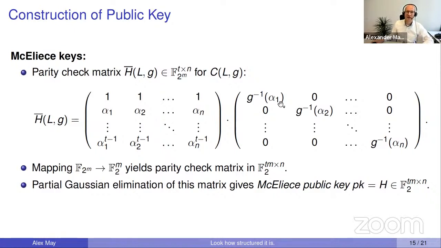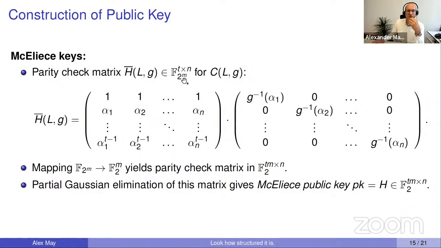So still every i-th column of this matrix is only dependent on alpha_i. It's super structured, and this is good for us as cryptanalysts. So maybe we can use this structure. But still we are living over the large field, and I promised you that we look at binary codes.